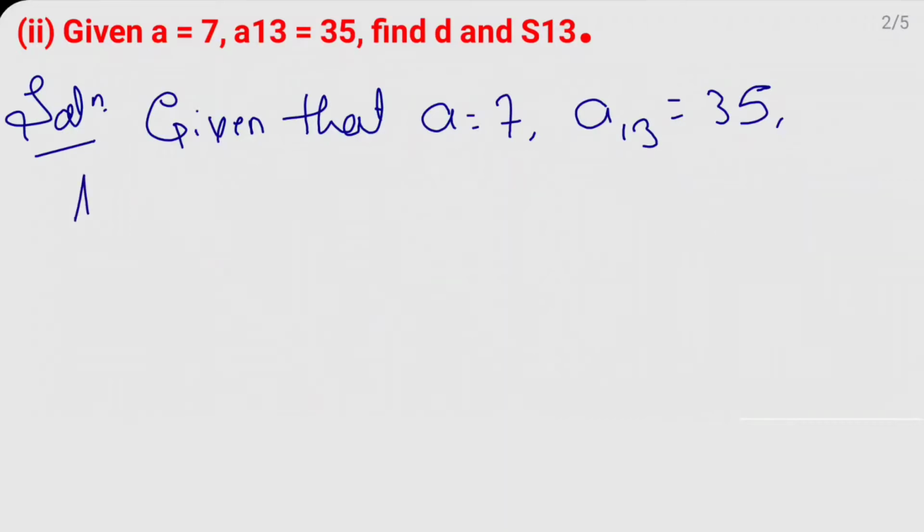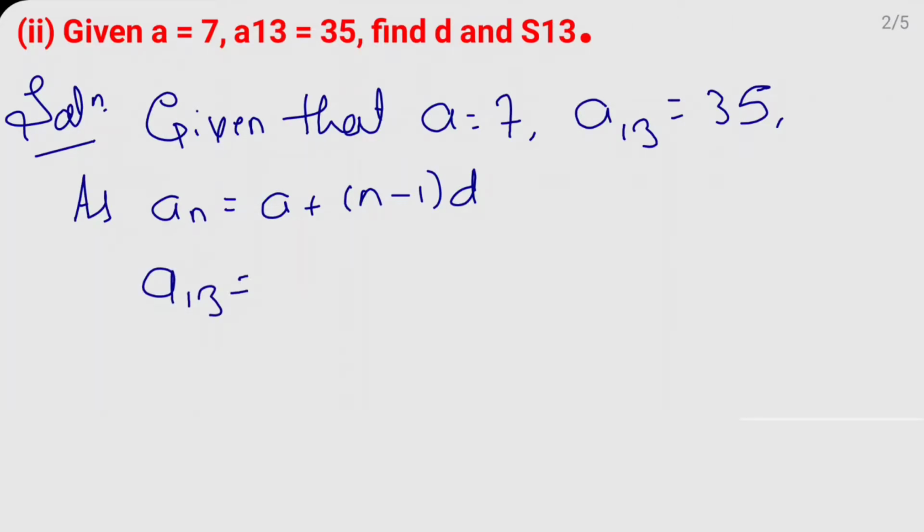So as we know that an equal to a plus n minus 1 into d. So here a13 equal to a plus 13 minus 1 into d, because here they given a13, that's why.